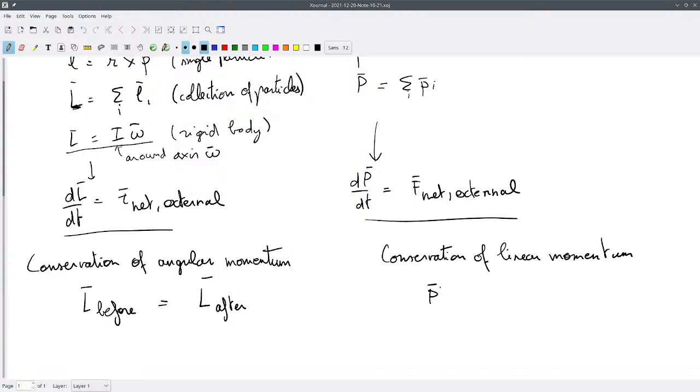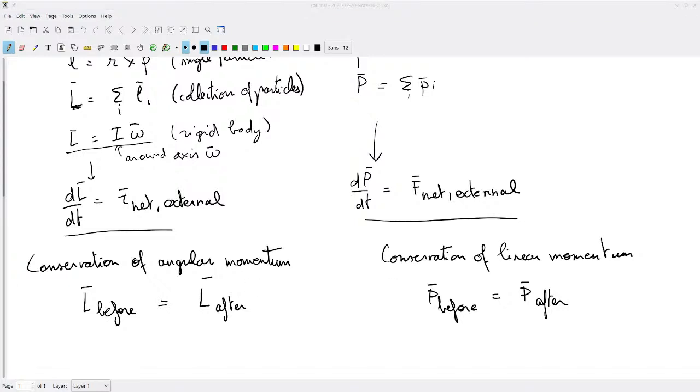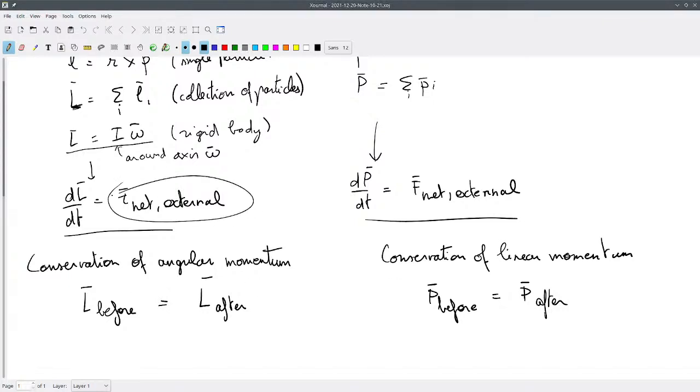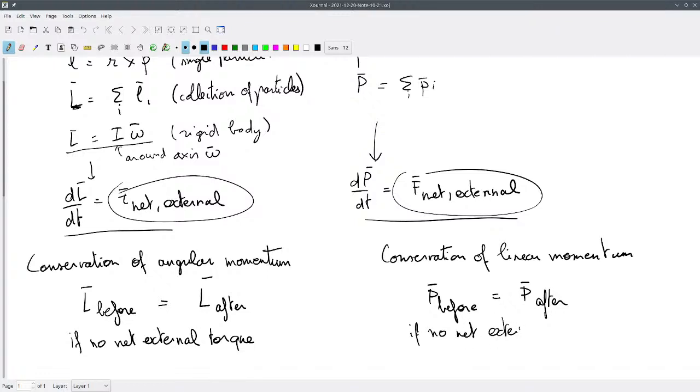And that said that the total momentum before, let's say, some collision is equal to the total momentum after some collision. That's of course true if no net external torque is applied. And in this case it was if there's no net external force. So very similar, very parallel expressions here.